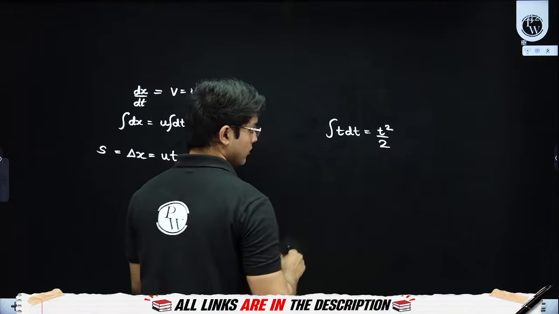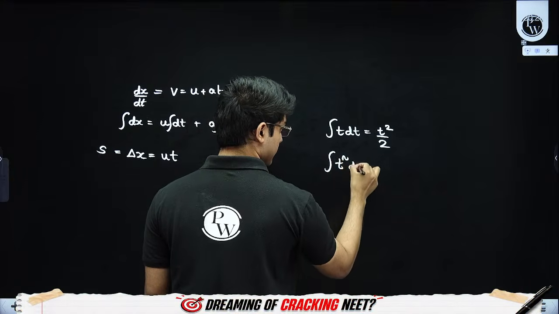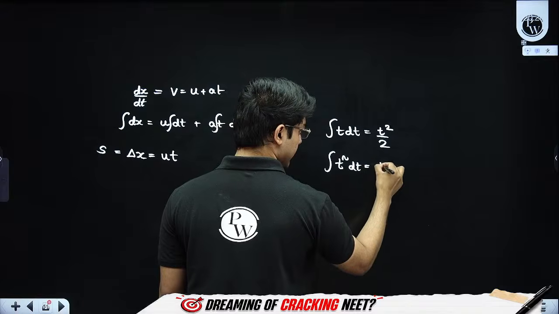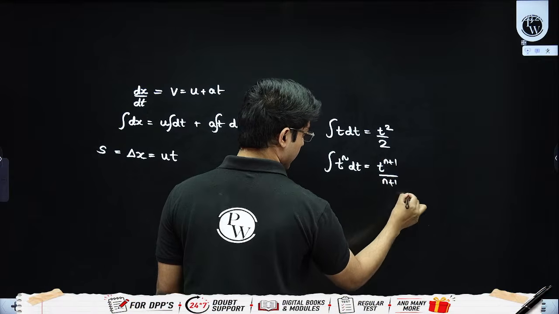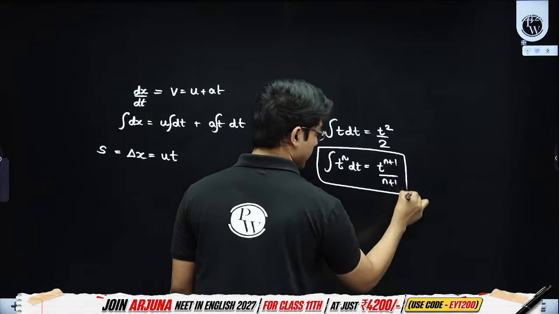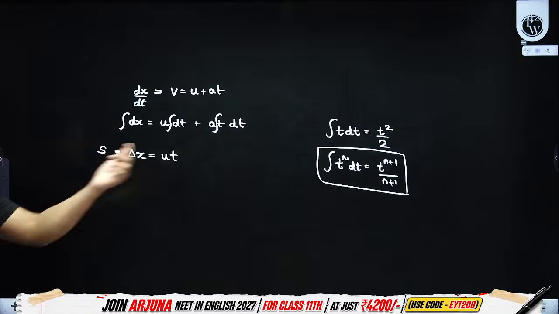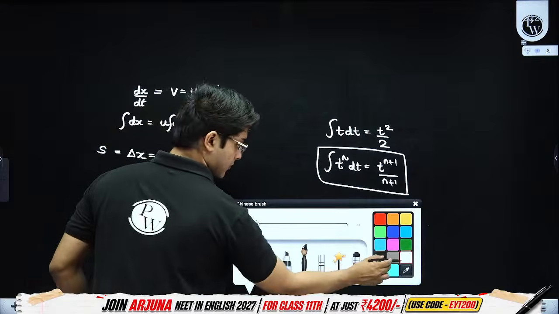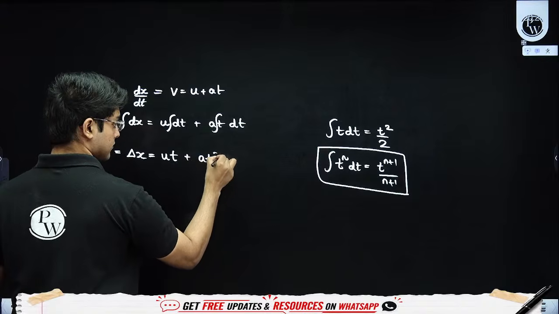I'll write the general formula here. The general formula is t raised to n plus 1 divided by n plus 1, if you are integrating t raised to n. So integration of t dt will be t square by 2, so a t square by 2.